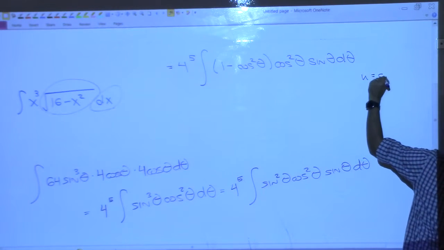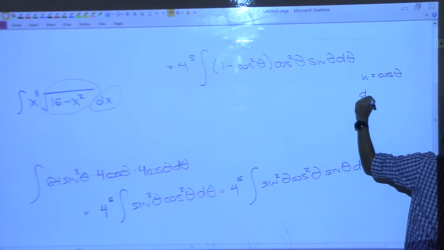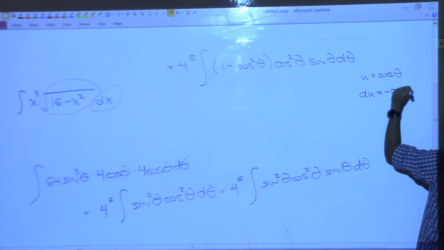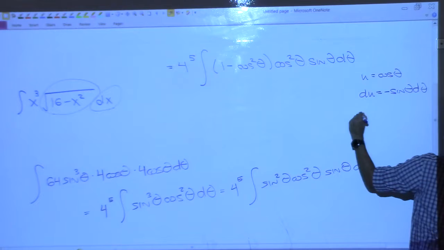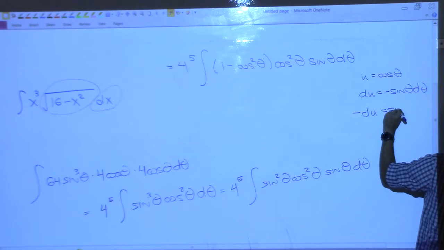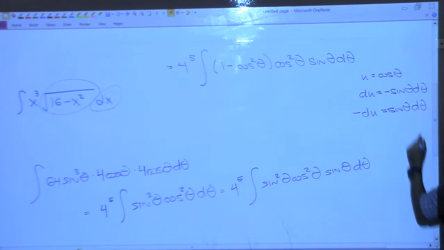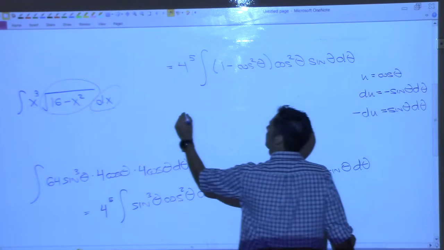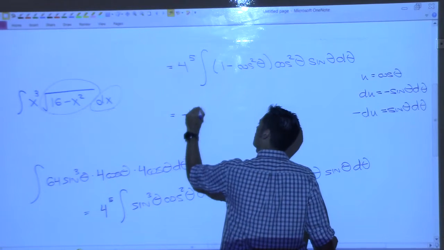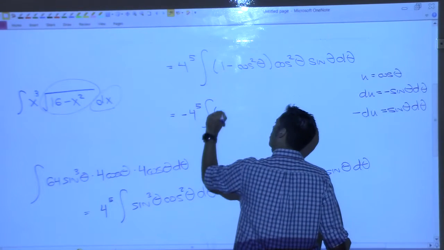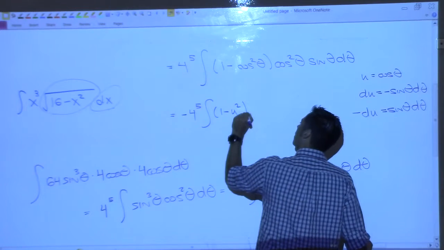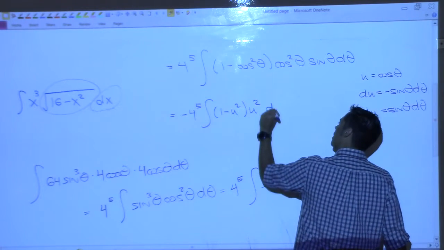U is cosine theta. du is negative sine theta d theta. Negative du is sine theta d theta. Just getting my negative to the other side. And now I rewrite the whole integral. Negative 4 to the 5th integral of 1 minus u squared times u squared du.